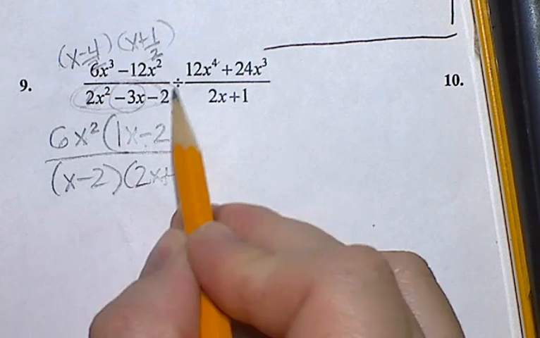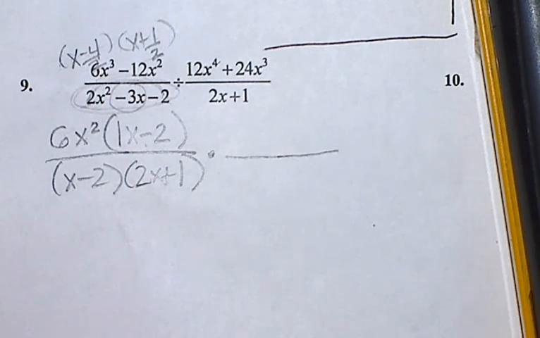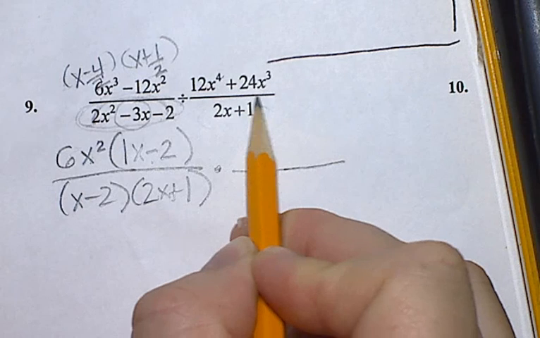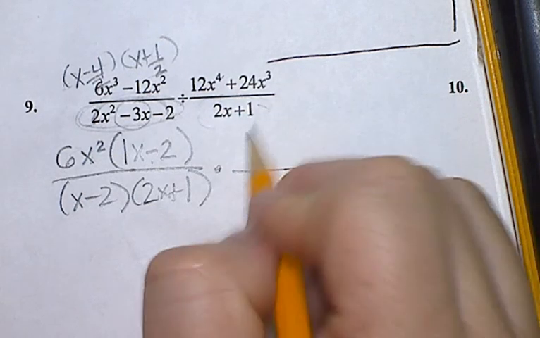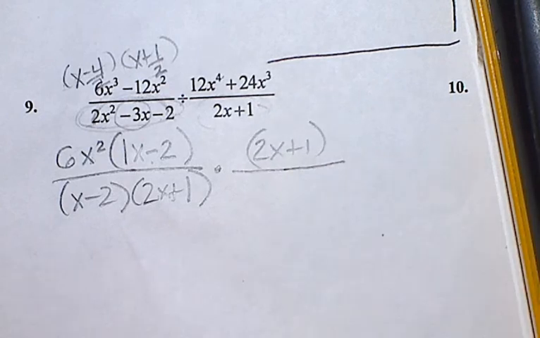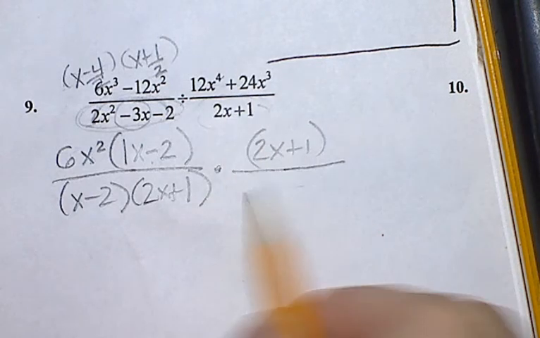Turn division now into multiplication. And we can see that this was the denominator. There's nothing you can do to factor out an x or any value greater than 1. So I'm going to just write 2x plus 1 on top. On the bottom, this was the numerator, but it will now go into the denominator position.